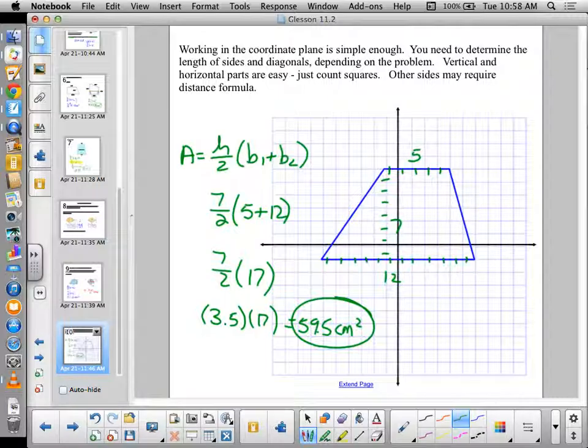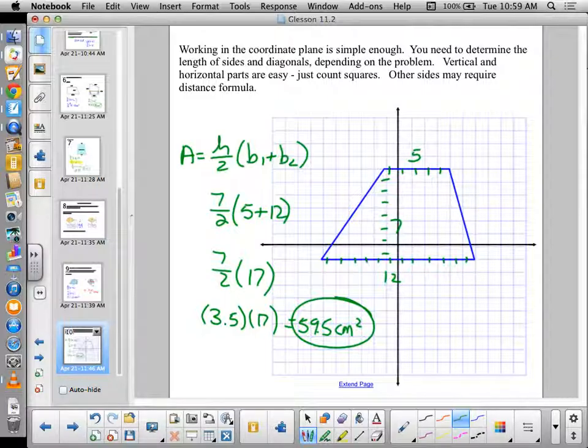So don't be afraid of working the coordinate plane here. For the most part, a lot of these are given so that you just have to count boxes, basically. Most of you can count. Doesn't require a lot of distance formula. Although, really, seriously, distance formula should not be an issue anymore. Really should not be.